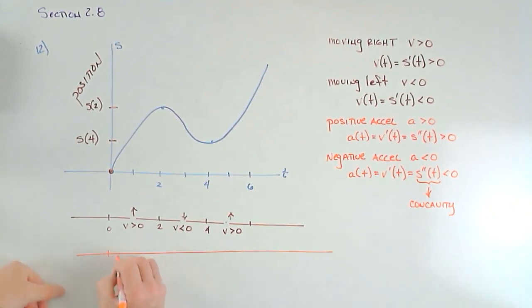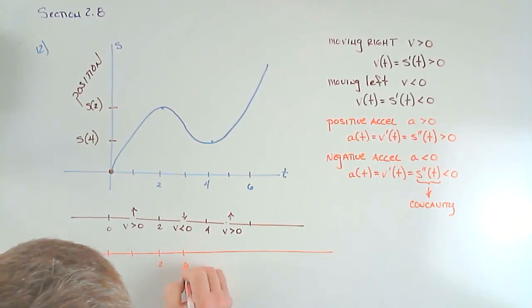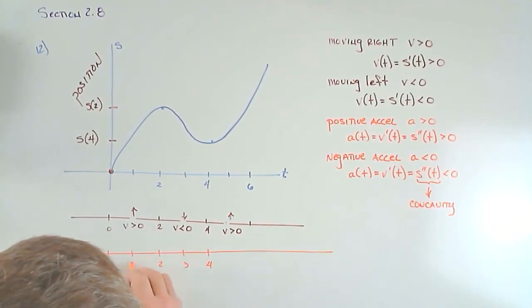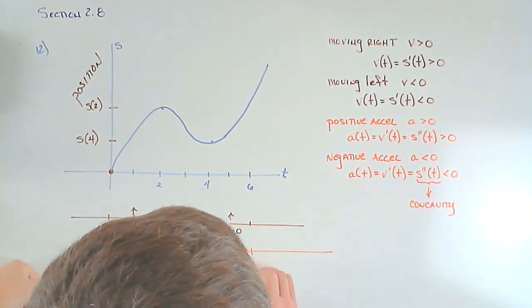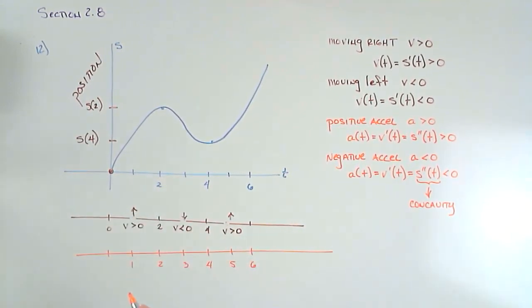I'm going to put my numbers down again: 1, 2, 3, 4, 5, 6. And I'm going to ask myself, when am I concave up and when am I concave down? Because concavity is my second derivative of position, which is acceleration. And that's what they're asking me about here.